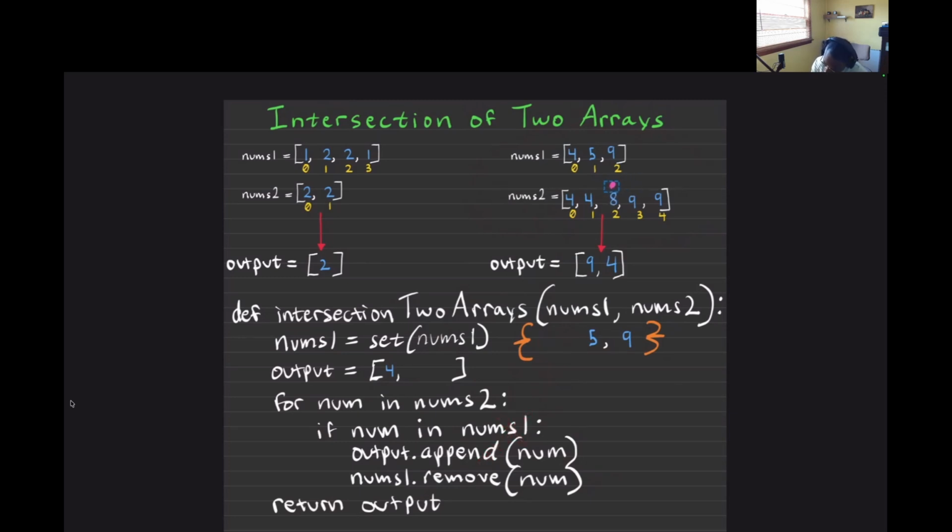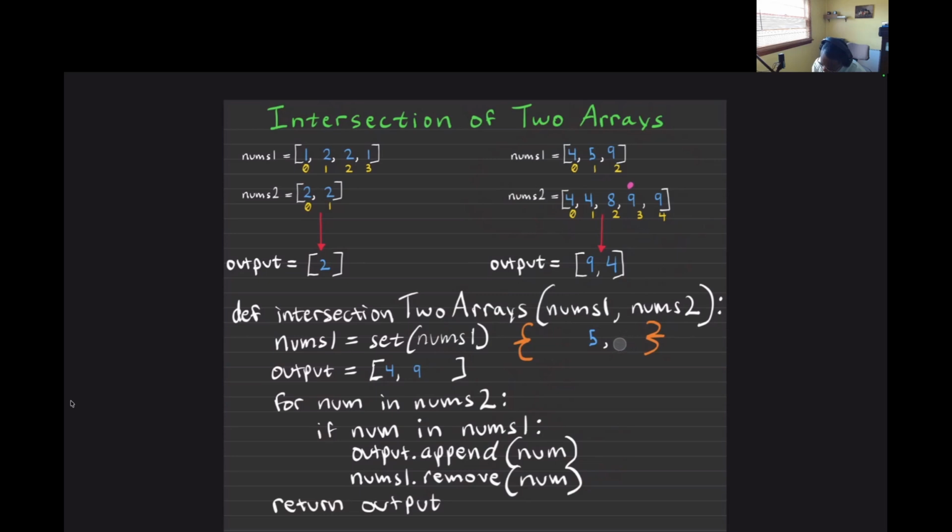We get here. Yeah, okay. Yeah, so we get here. Is 9 inside of our set? It is, right? So we go ahead and we append 9. I'll make a copy of it. So we append 9 to our output, just like that. Okay, and then we remove it, right? We remove this guy.